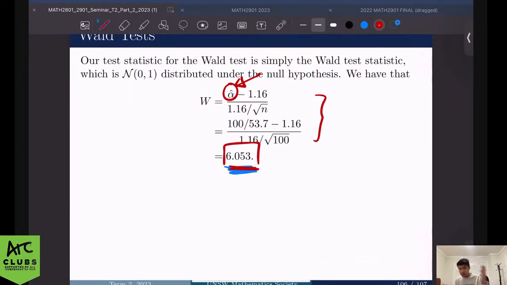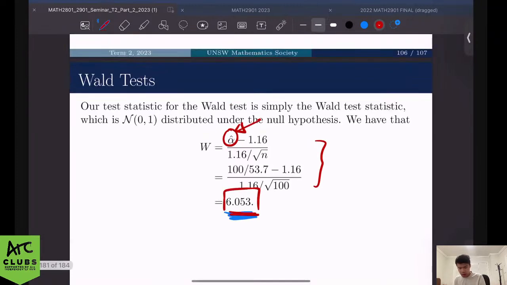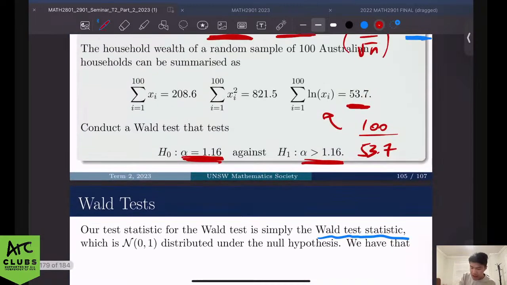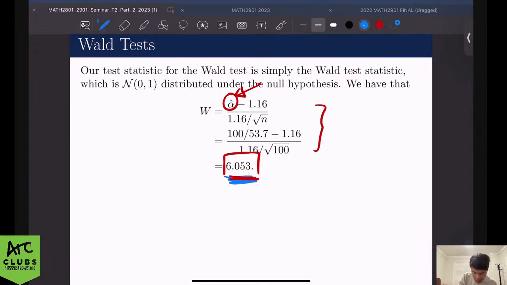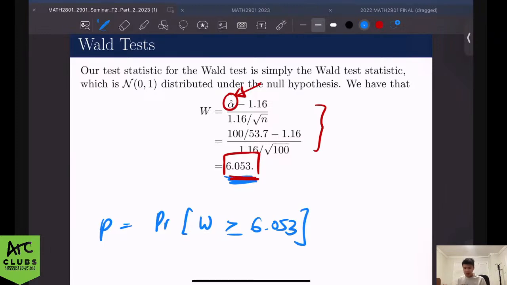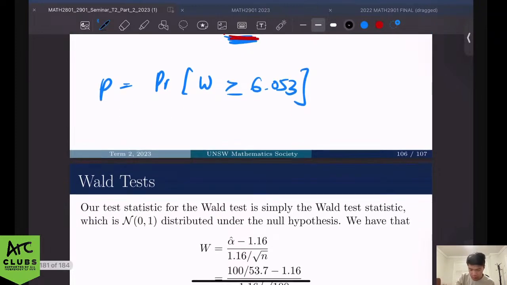The central question is, how extreme is this? Check again your hypothesis. It's going to be greater than, right? So when do we reject? When it's big. So your p-value is going to be the probability of the Wald test statistic being greater than or equal to 6.053, and that's a normal random variable.